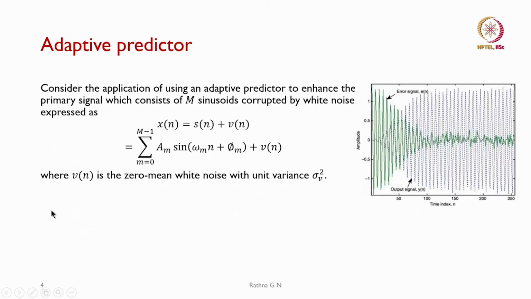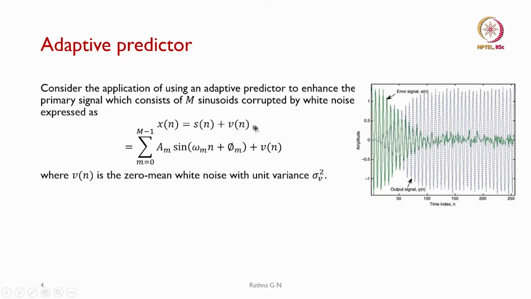Continuing with the predictor, we are going to consider an application of using an adaptive predictor to enhance the primary signal, which consists of M sinusoids corrupted by white noise. It is expressed as x of n is s of n plus v of n, where v of n is our white noise.